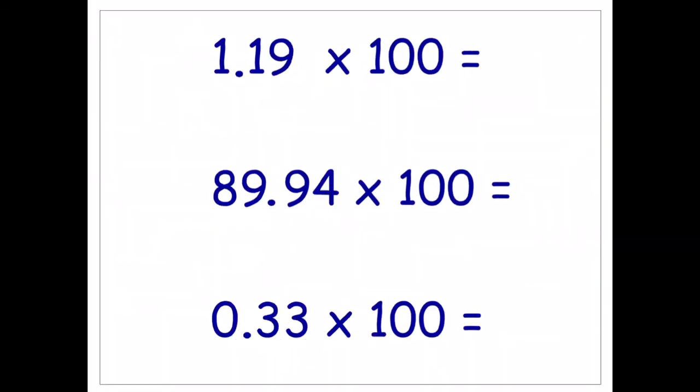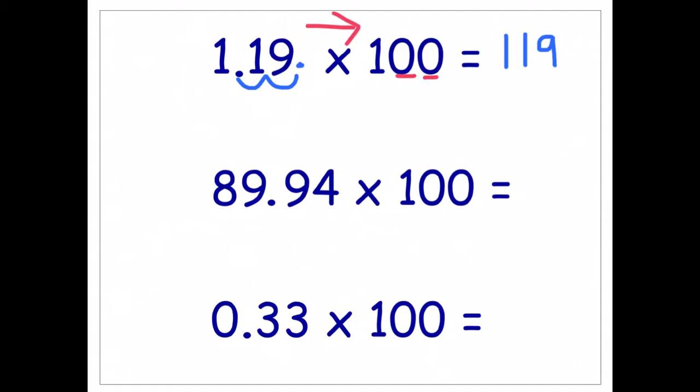Here we're going to multiply by 100. So our decimal point again will go to the right with multiplication, and it's going to go twice to the right. Our first question, 1.19. Your decimal point moving to the right 2 places, giving us a new answer of 119. Our middle question, 89.94 times 100.